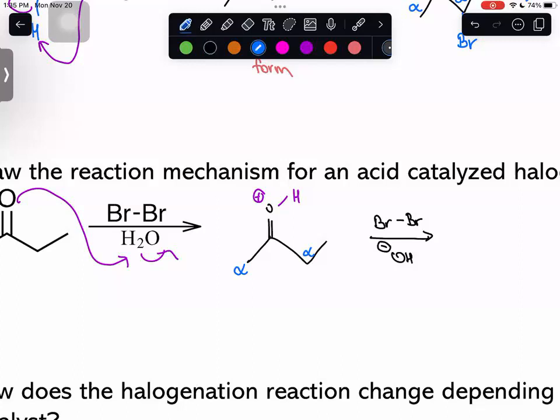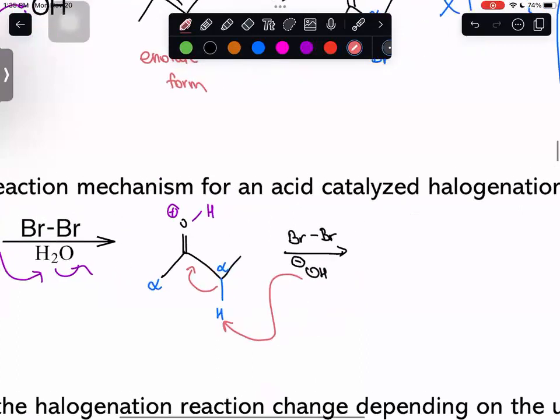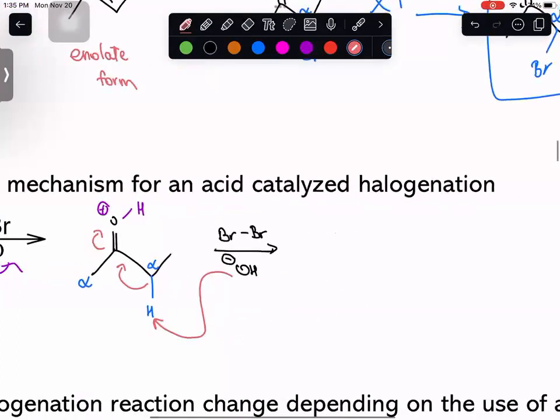So what do we think is going to happen in here? It's just a base catalyzed reaction. Yeah, so negative goes to the hydrogen, double bond, and now we're creating the enol form specifically.